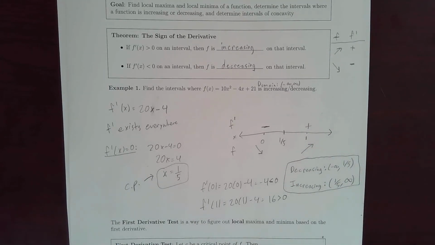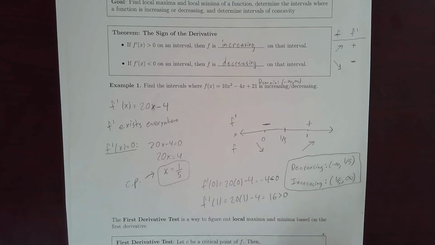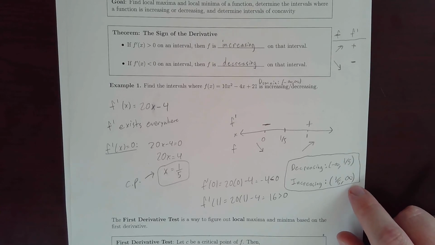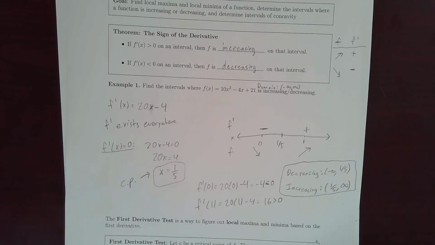The reason for that is at those points, either our derivative doesn't exist, so we can't say if we're going up or going down, or it's 0, so it's not technically going up or going down. So this is the interval where it is decreasing, and this is the interval where it is increasing.